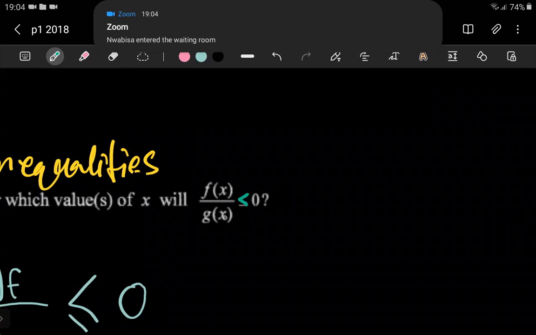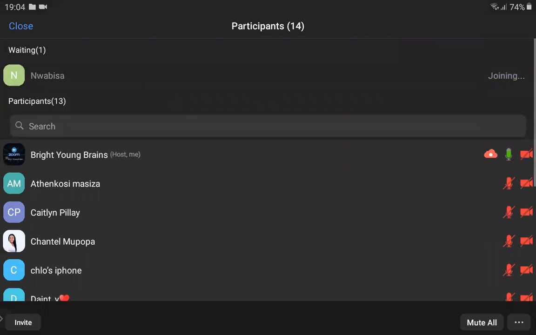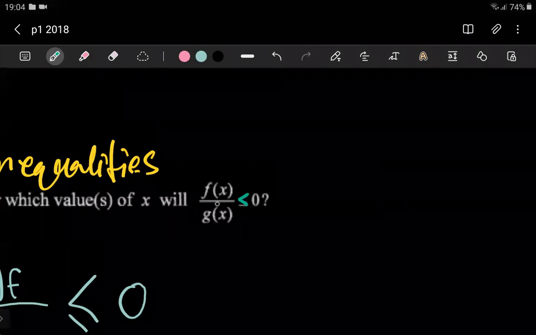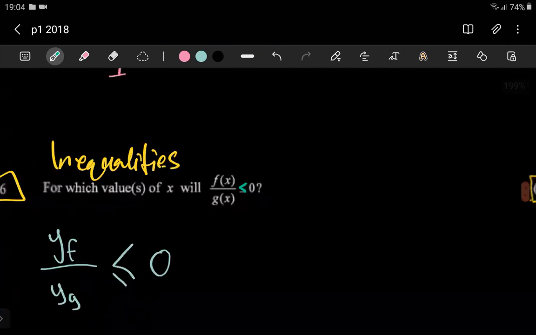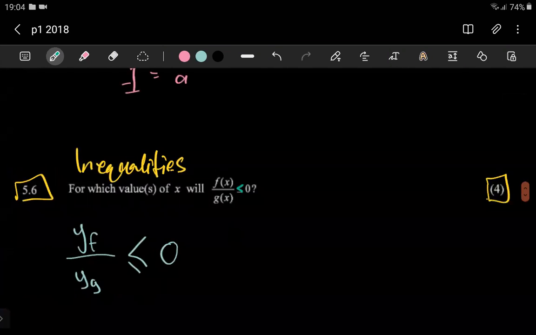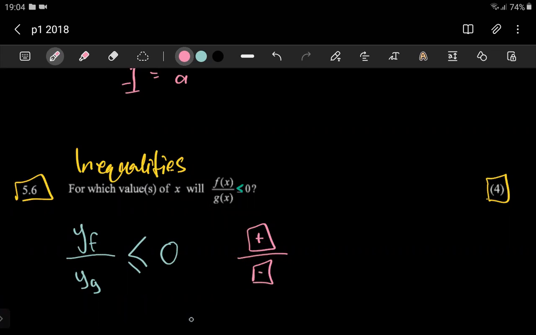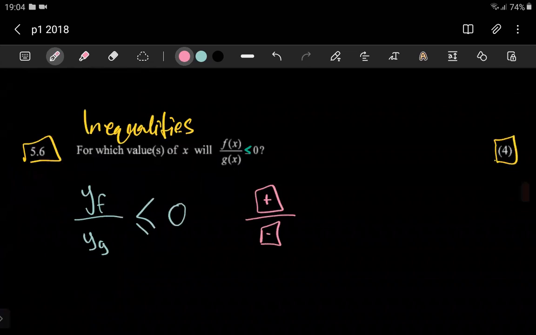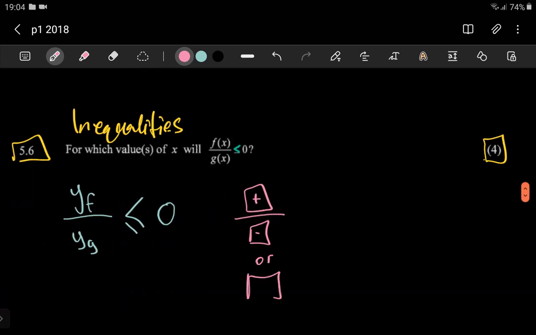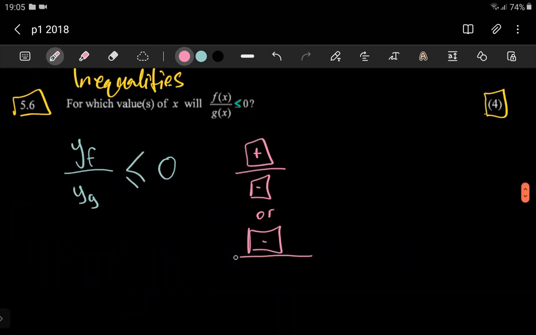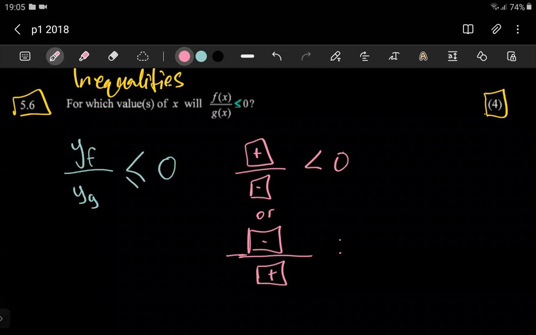If your fraction here is going to be smaller than 0, it means that the only two cases where your fraction can be smaller than 0 is if the top is a positive number while the bottom one is a negative, or the top one is a negative while the bottom one is a plus. These are the only two scenarios where your fractions are smaller than 0.